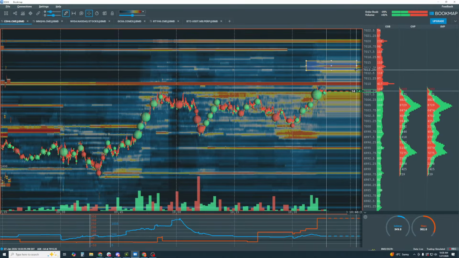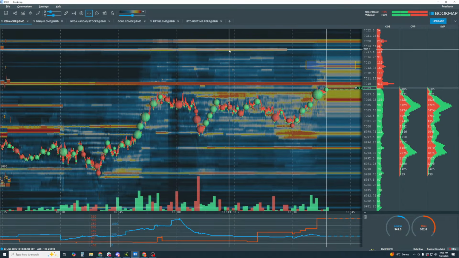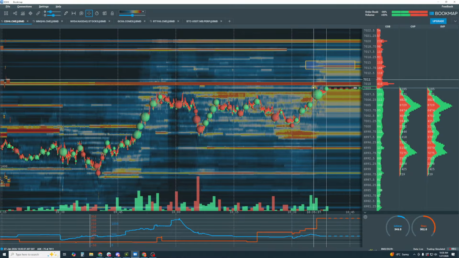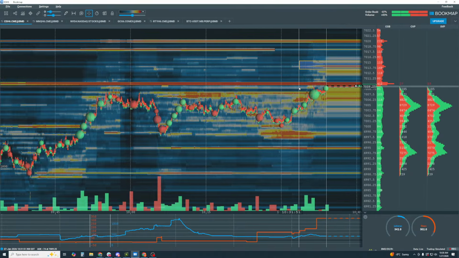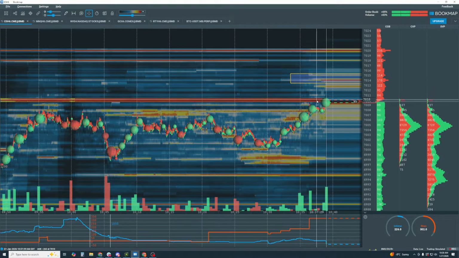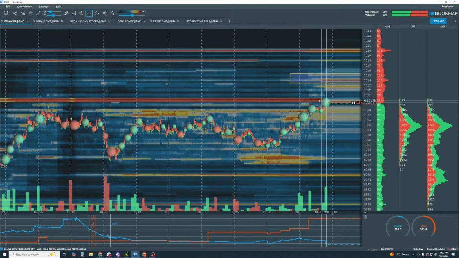Somewhere up in here would be our target. Right now, we look for buyers to carry us up there. Now, it's not going to be that easy. It might be; maybe it will zing right up there. But we've got high liquidity here at 10. We'll likely get a pullback after trading to this high liquidity.